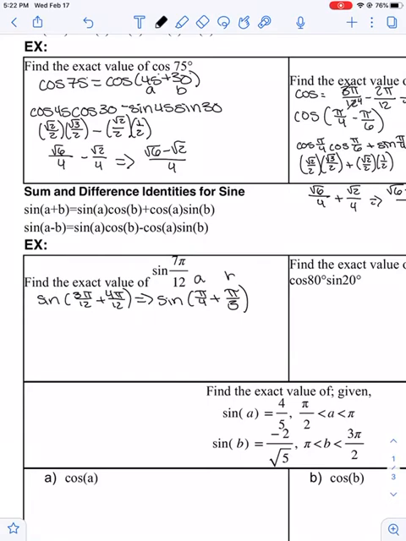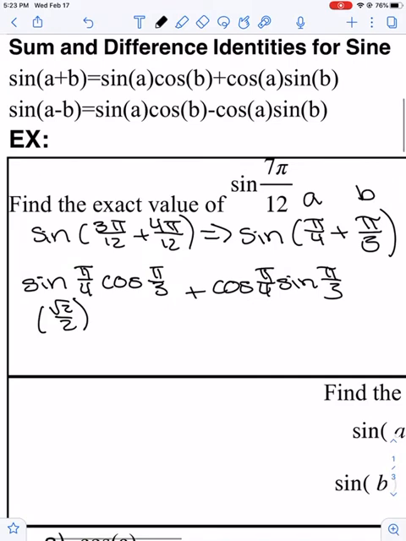I'm going to go ahead and plug it into the addition identity. So sine of pi over 4 times the cosine of pi over 3 plus cosine pi over 4 times the sine of pi over 3.